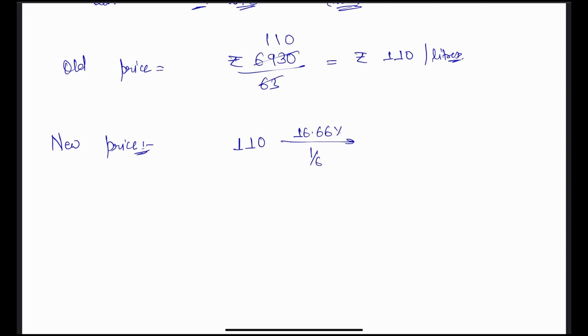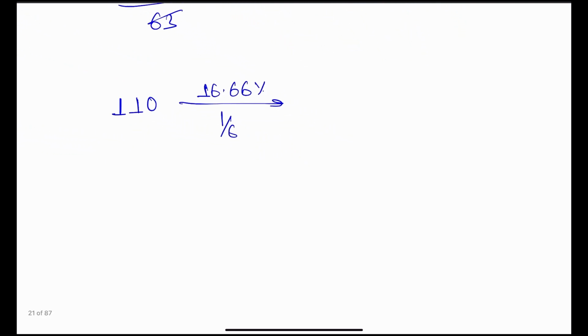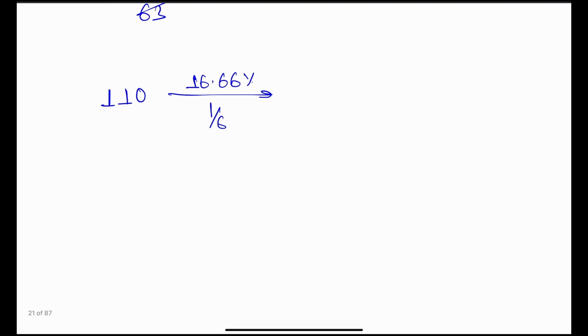So it will become 7 by 6. I need to multiply 110 into 7 by 6. But I can think of it as 1 by 6. Either I can think of the nearest value of 110 which is divisible by 6. 7 by 6 I can write as 1 plus 1 by 6. So 1 multiplied with 110 is 110 only. So 1 by 6 of 110 I need to find.